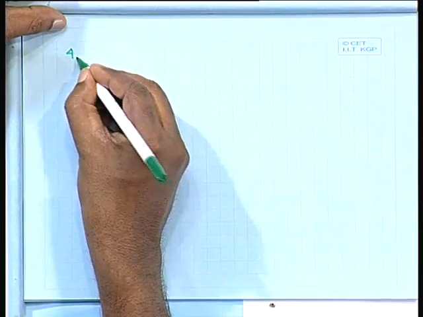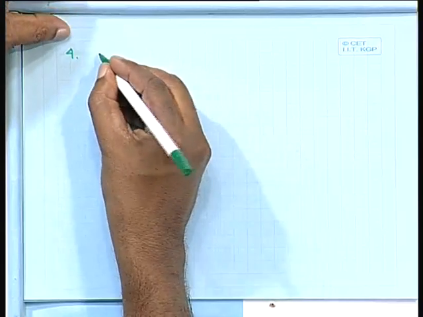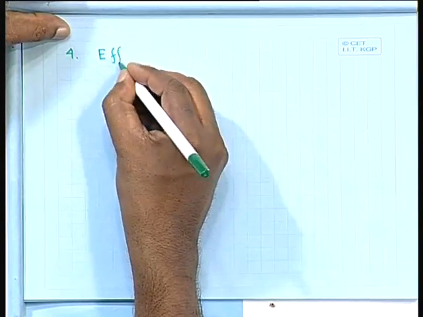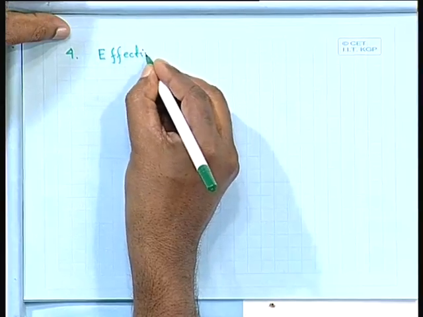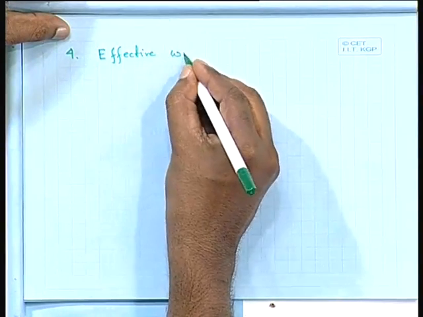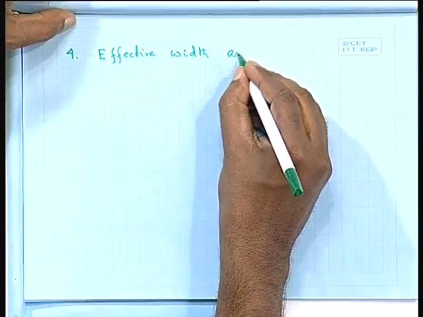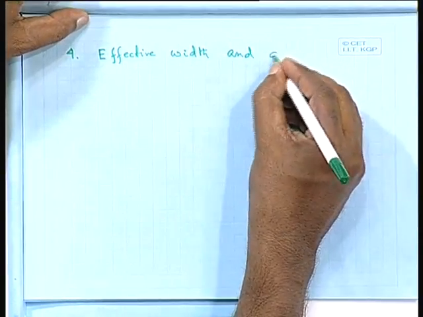Next one, number 4, effective width and depth.